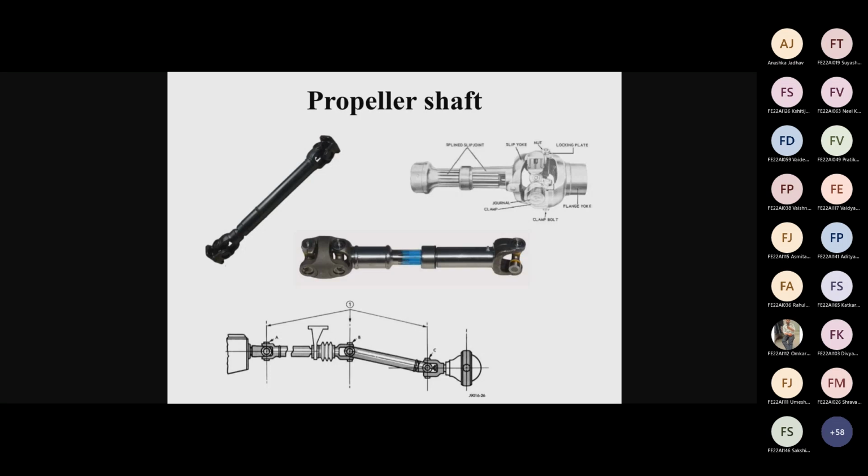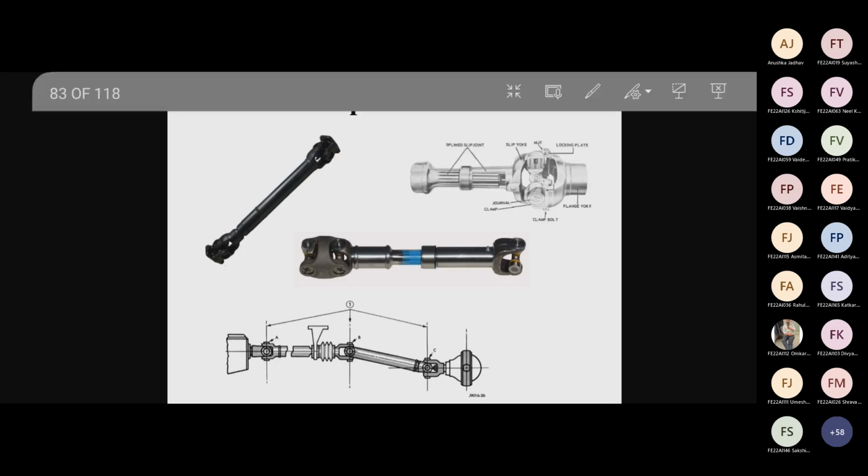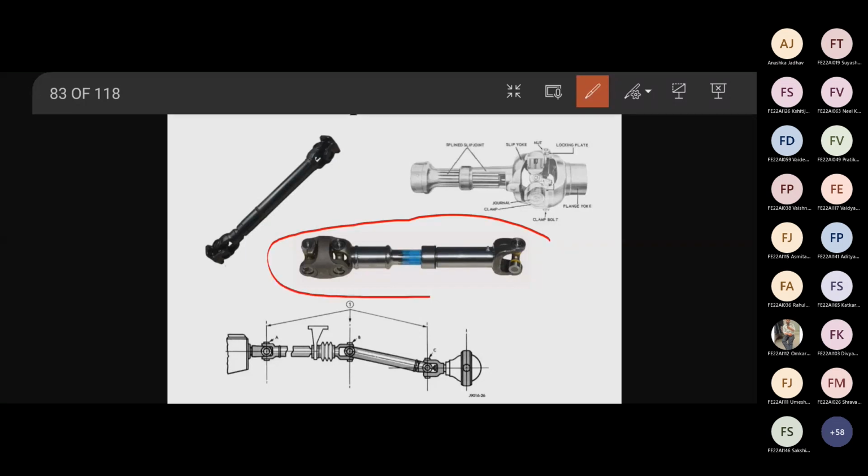So you can see here, this is the propeller shaft. On one end, this is first universal joint, second universal joint. This first universal joint is connected to the output of gearbox, and this second is connected to the input of differential.